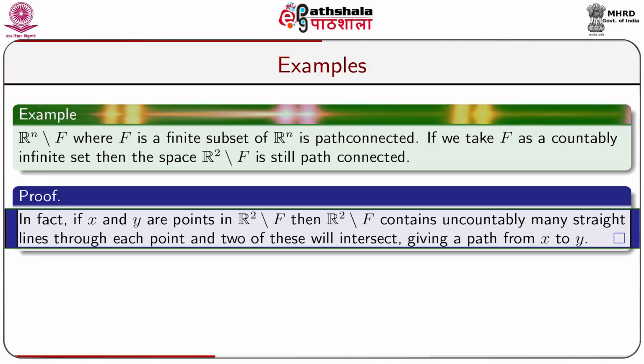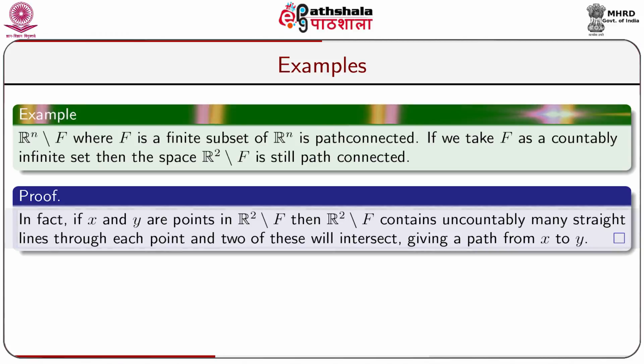If x and y are 2 points after deletion of countably infinitely many points, then we can still draw uncountably many straight lines through x and y which miss those countably infinitely many points.